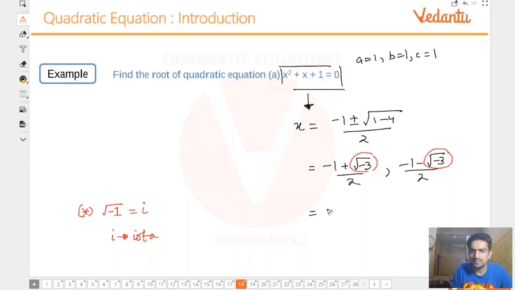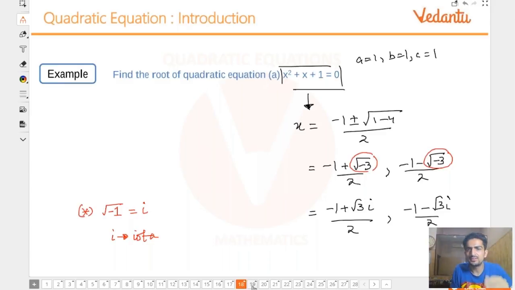So for the timing, let me just write minus 1 plus root 3 iota. Root of minus 3 is root 3 into root minus 1, and root minus 1 we call iota. Minus 1 minus root 3 iota by 2. So wherever we get root of minus 1, we will denote it by iota. Certainly in this case, both the roots are non-real.